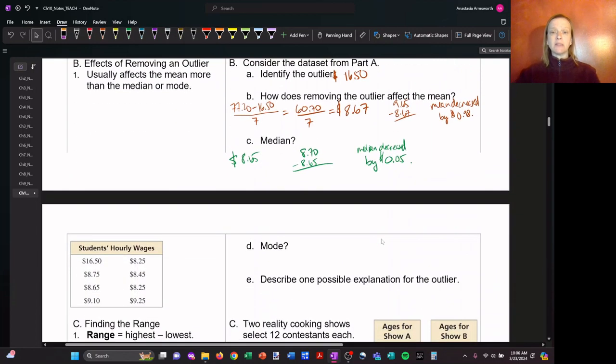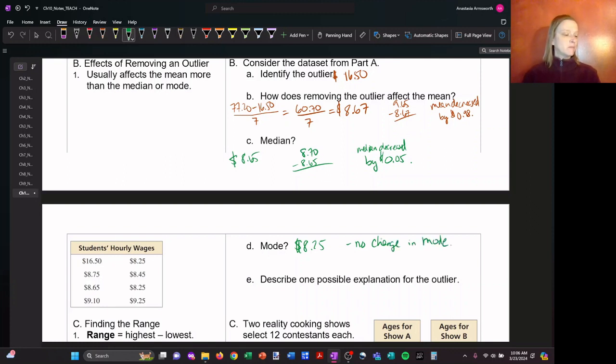My only repeated value is $8.25. So there was no change in the mode. Okay. So when you remove an outlier, you usually affect the mean the most. You affect the median less, and you affect the mode less. And in this example, not at all.